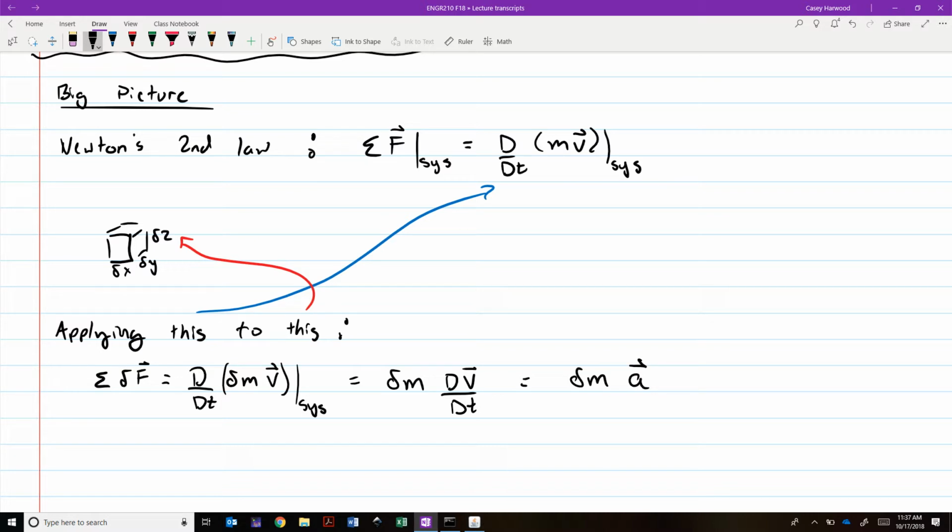Basically we're saying this small little cube of fluid is going to have some small mass associated with it, and some velocity of the fluid in that cube.